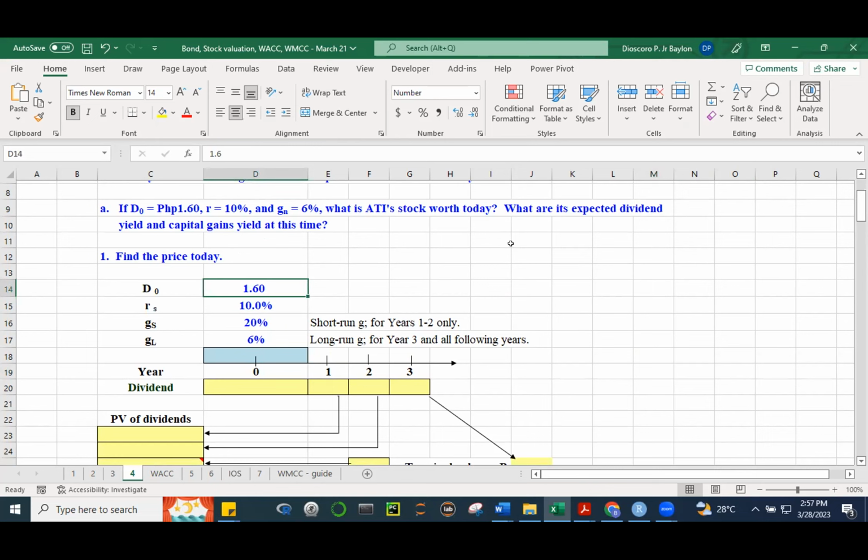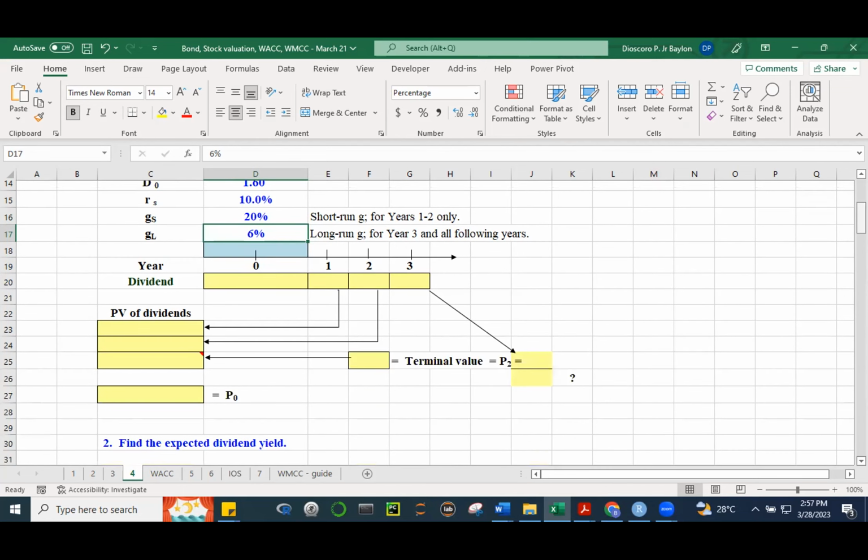And then it's expected that there will be a robust growth for the next 2 years. And then afterwards, there will be a constant growth rate for the following years. So the question is, what is the price of this stock given the expected dividends?